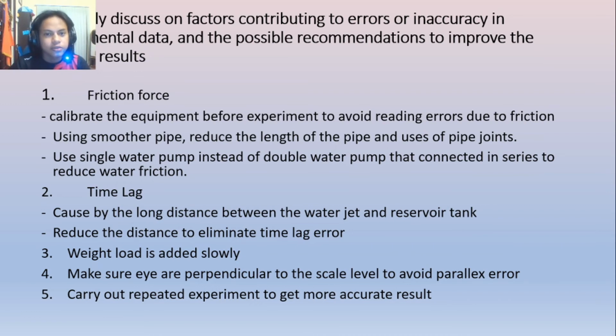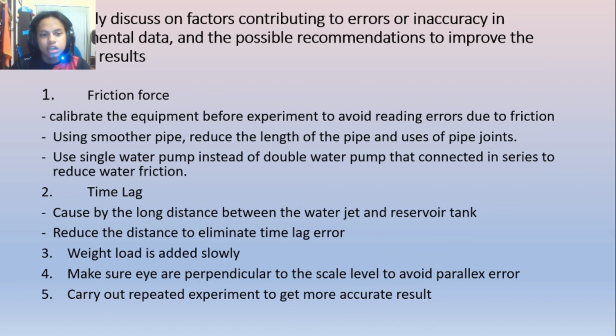Number 3. Briefly discuss factors contributing to errors or inaccuracy in the experimental data and possible recommendations to improve the existing result. Number 1 is the friction force present in the experiment. To overcome this error, we will calibrate the equipment before the experiment to avoid reading errors due to friction.